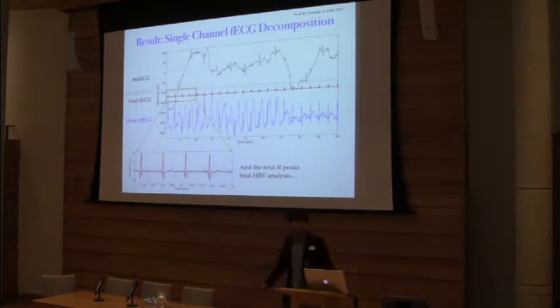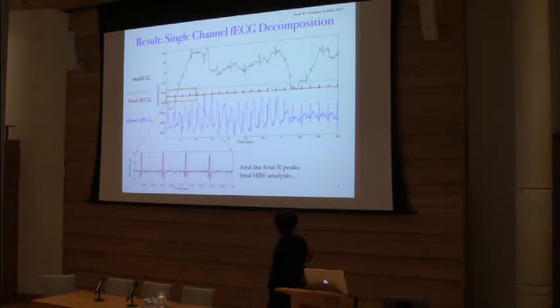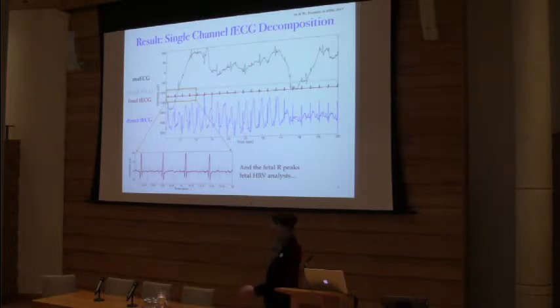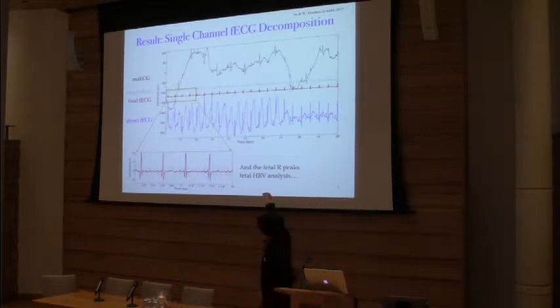So, before going to some more details, I want to show you the result. This is the result from the single channel maternal abdominal ECG. The first one is the maternal abdominal ECG, which you see is quite complicated, a lot of wandering, but you can see some small peaks and so on and so forth.